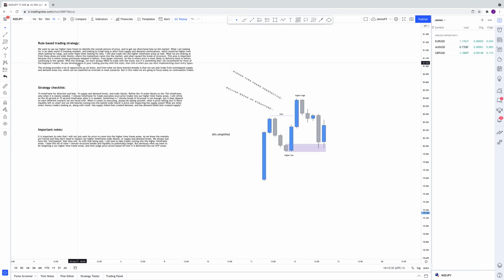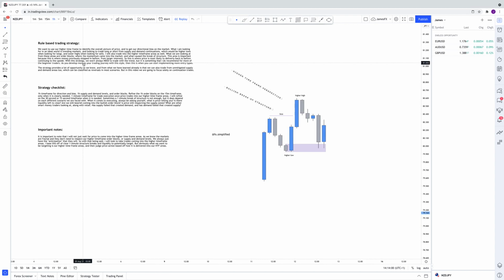So with this strategy, we won't always need to trade with the trend, but it is something that I do recommend for more of the beginner traders, if you're new to smart money concepts or the concepts that we teach in this strategy. Because it does take a good amount of hard work on the charts to understand price and what it's doing.